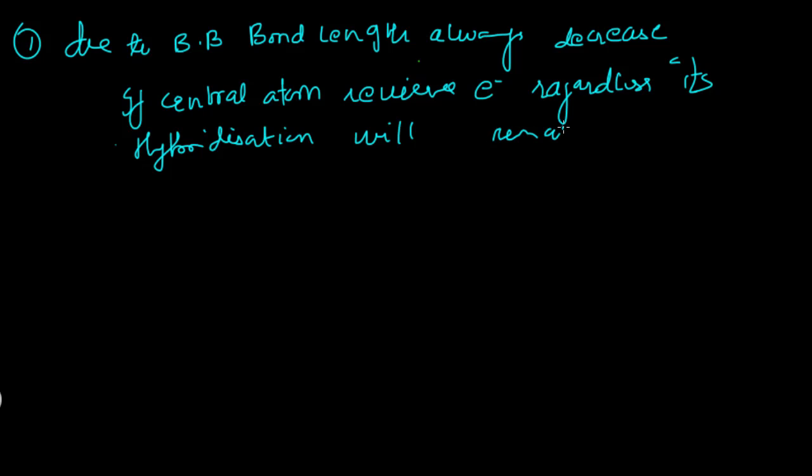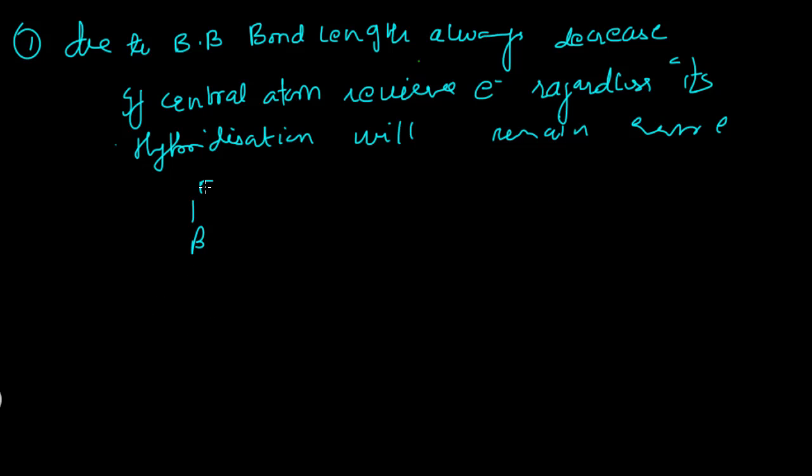Okay, hope you understood it. So this is an important point. I have my notes actually with me. And due to back bonding, the central atom's hybridization can even change sometimes. So yeah, let's look at that.